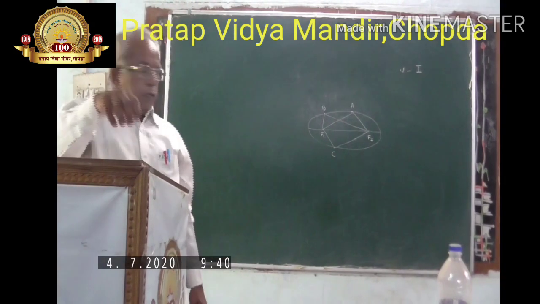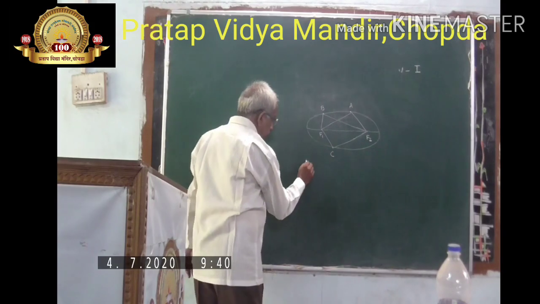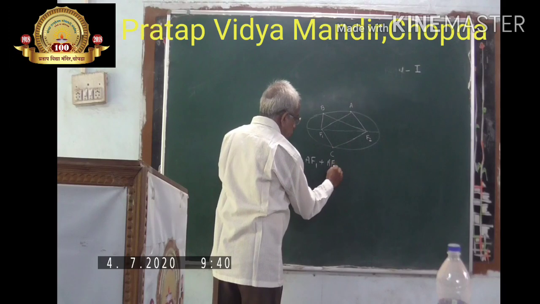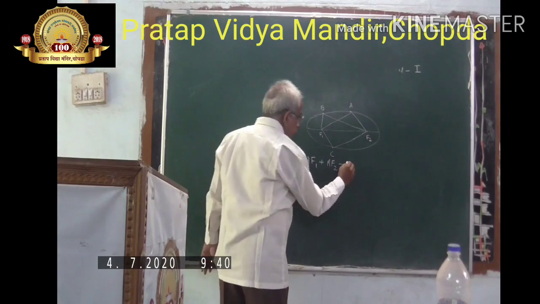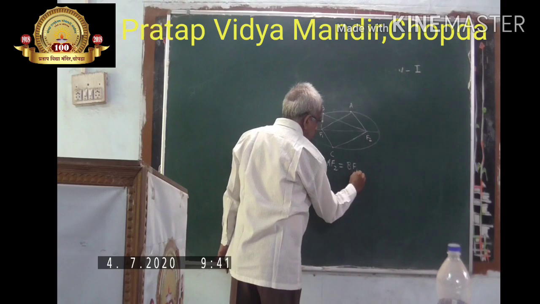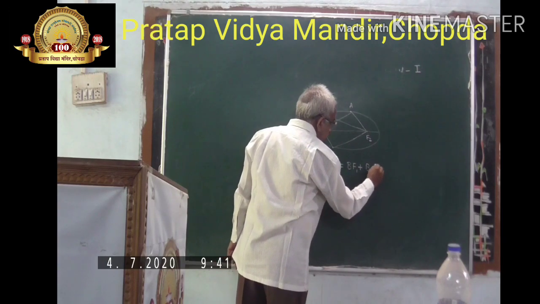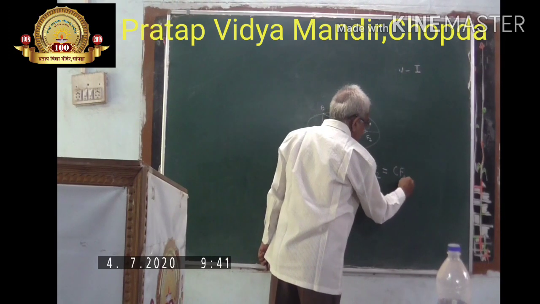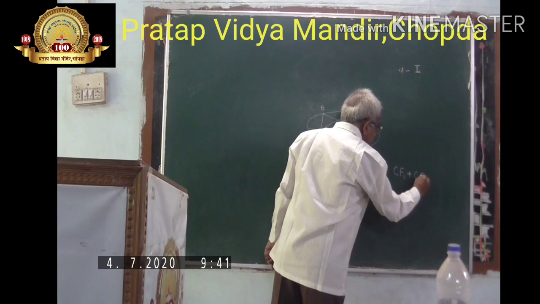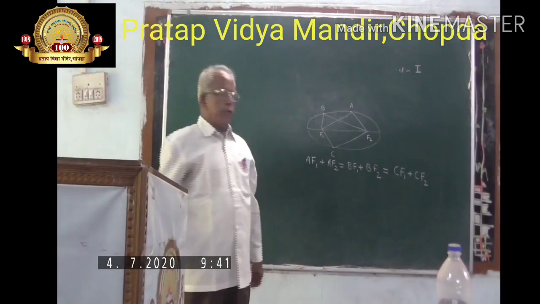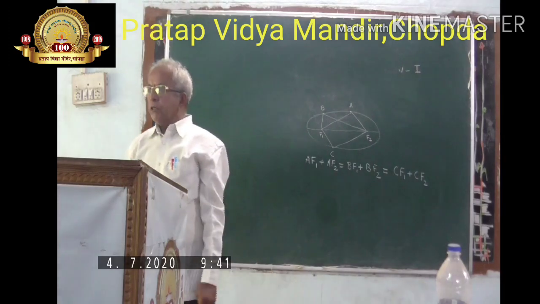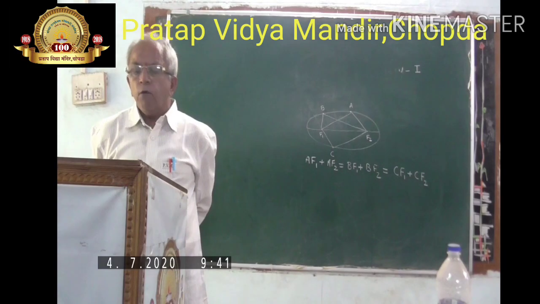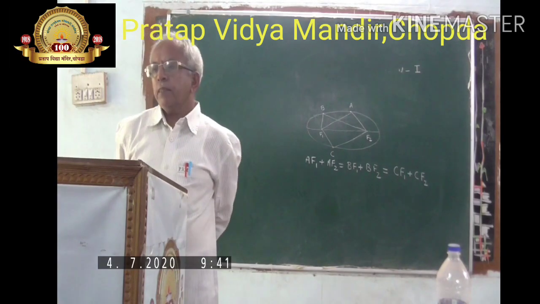It means that in this figure, AF1 plus AF2 equals BF1 plus BF2 equals CF1 plus CF2. This property about distance and points on the ellipse is found in each case.